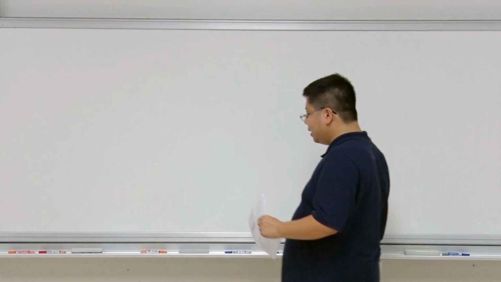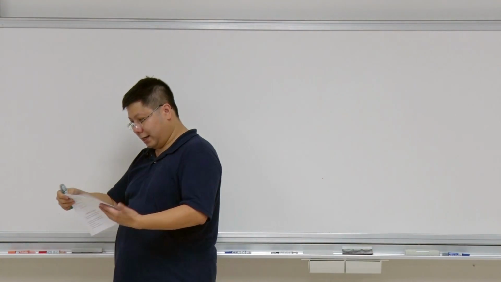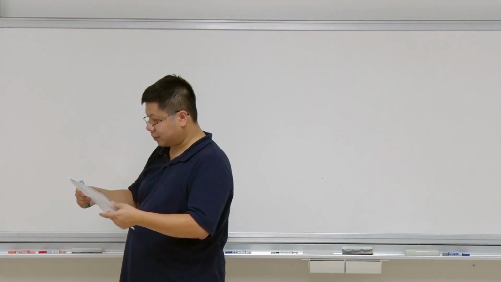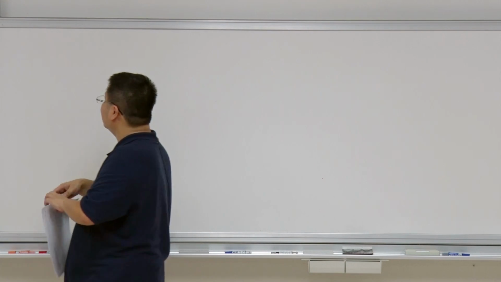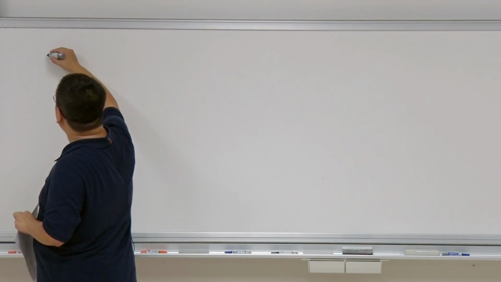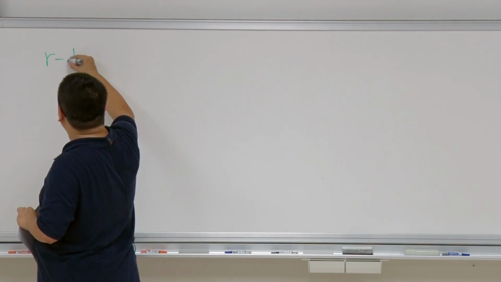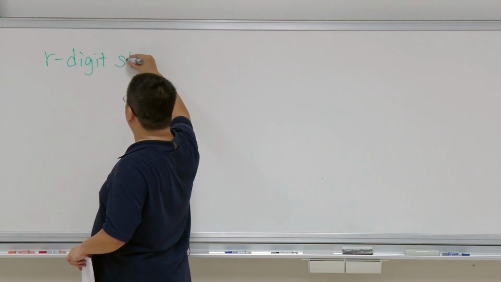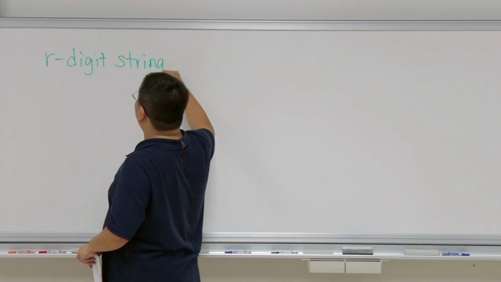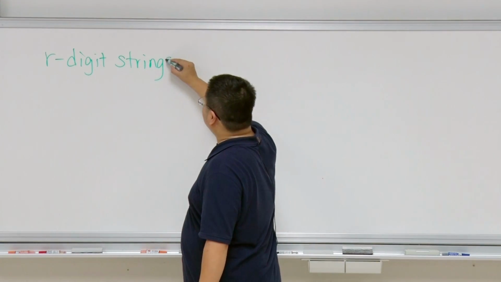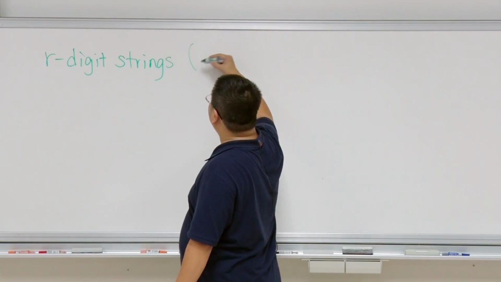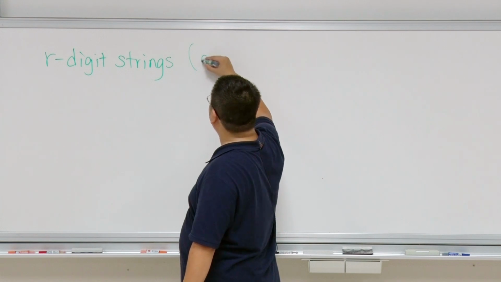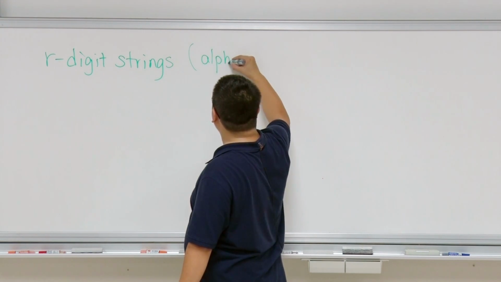Okay, so here, let's say we want to find out R-digit strings. So we want to find out R-digit strings that are made of, so we call it the alphabet.